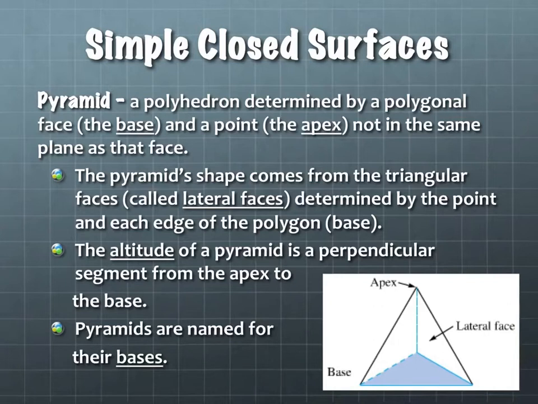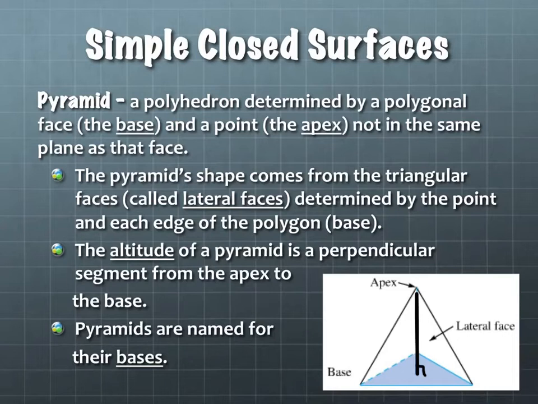This picture kind of makes it hard to see, but if you were to take this shape and go straight down to the triangle forming a 90-degree angle, that would be the altitude or the height of your pyramid. Now, the pyramid still may slant, but you still have to go straight down. So it may not go to the center of the pyramid. If the pyramid's slanting, it's not going to go to the center, okay? But it would still be the height.